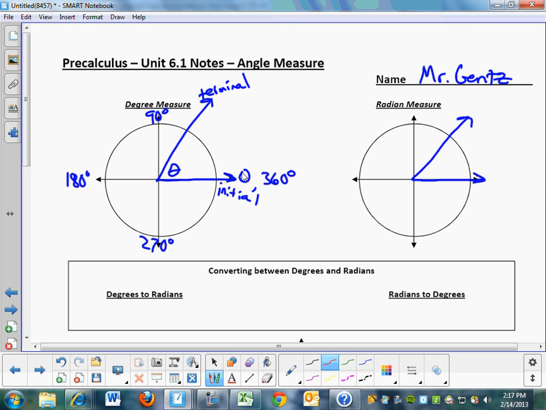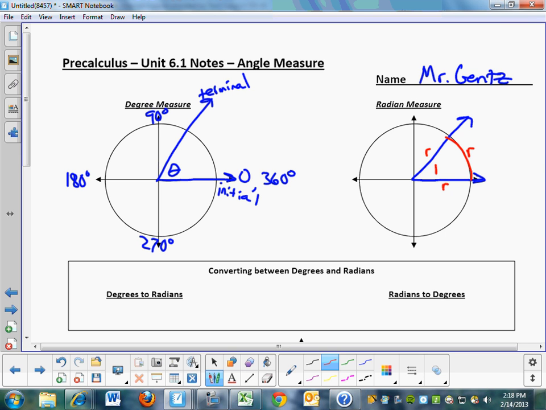So, if this radius is r, then that length would be r as well. 1 radian is when the arc length is the same as the radius. See? When the radius is the same. Now that it's approximately about 60 degrees, it's like 57, something like that.